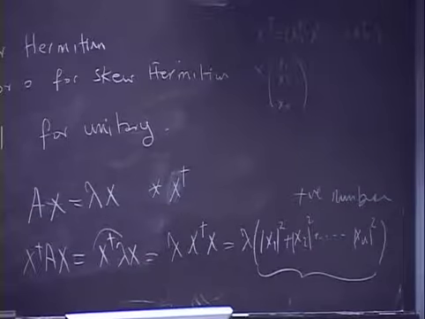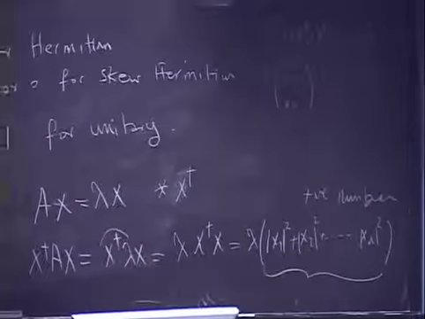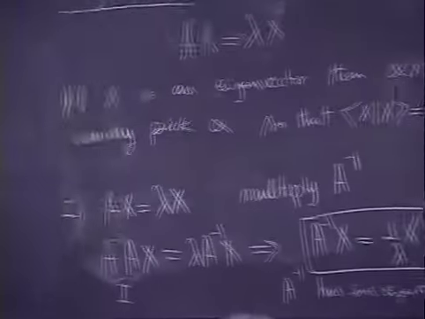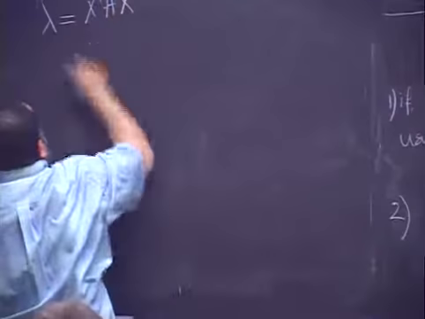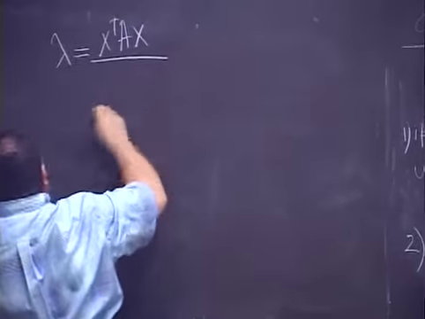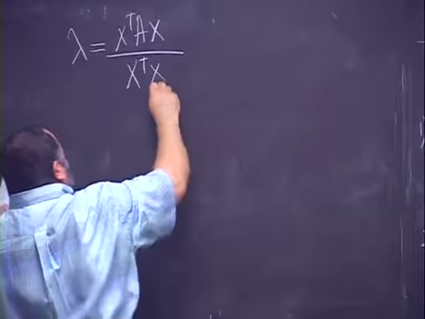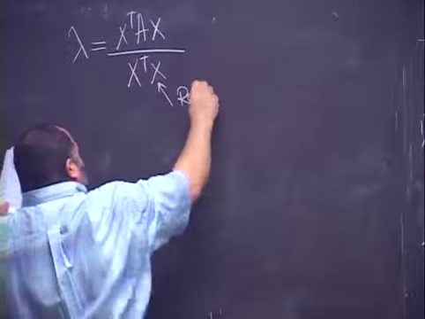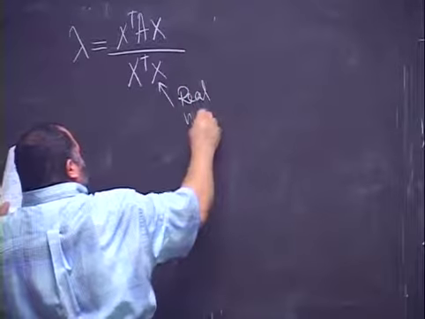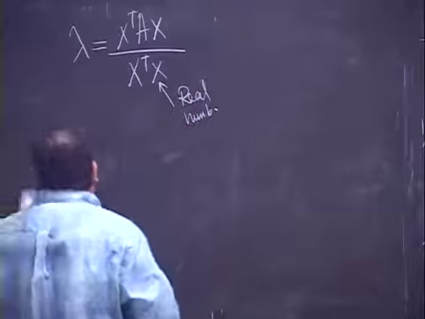Now, I can write lambda as x dagger A multiplied by x divided by x dagger x. We knew that this denominator is a real number.